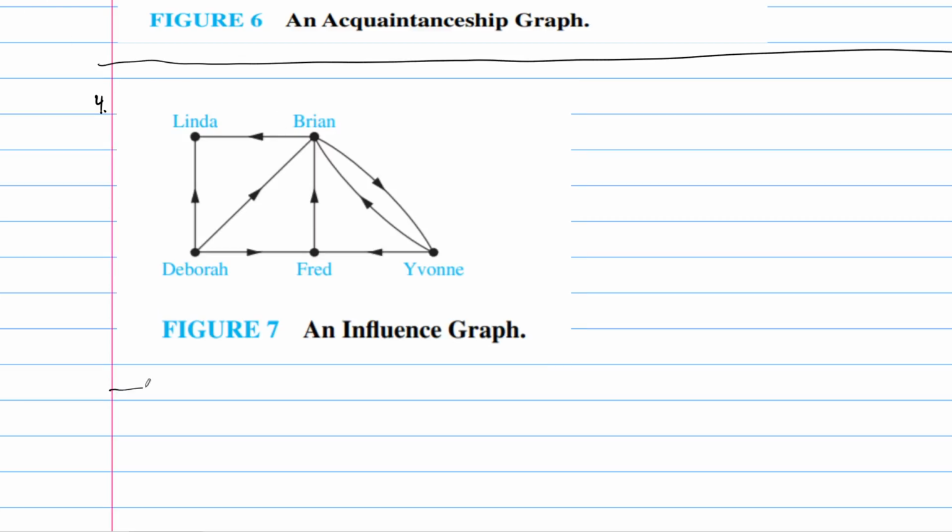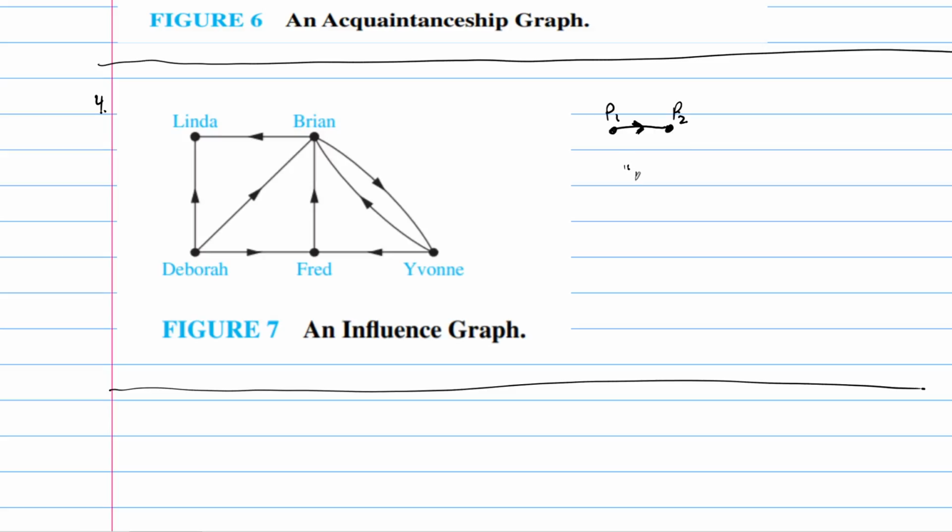So in this case, if you have two people, person 1 and person 2, the edge means that they're acquainted, so they know each other, and then there's an arrow between them, and the arrow tells you that one person is influencing the other person, right? So in this sense, P1 has some influence over P2.